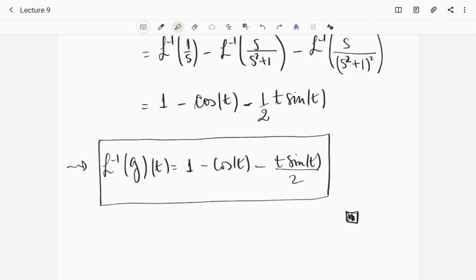And when we have these special functions, rational functions, like a polynomial divided by another polynomial with certain conditions, we can use partial fraction decomposition to make things easier, and then the linearity of the inverse Laplace transform and well-known Laplace transforms. And that's all we learned today.